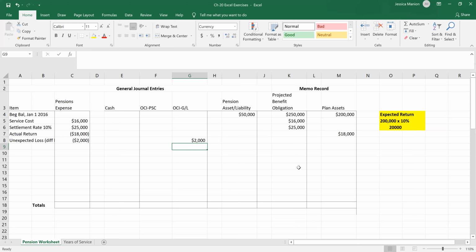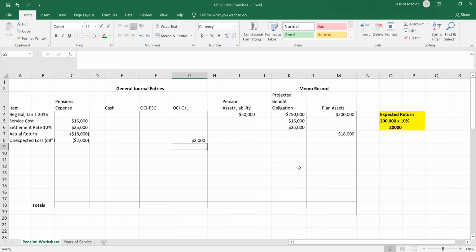If it was a gain, it would be a negative number, a credit as opposed to a debit. And I think in the following years, we do have a gain that we get to practice with. But that's how we handle the difference between the actual return and expected return, in this case a loss, because we expected 20,000 and had an actual return of 18.